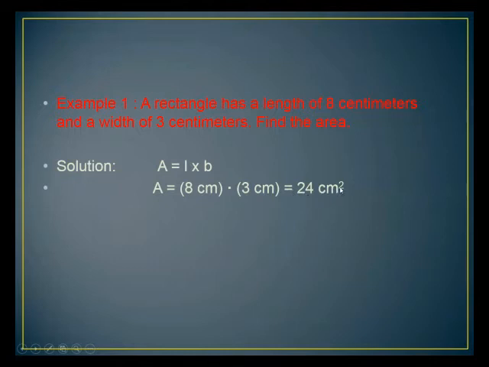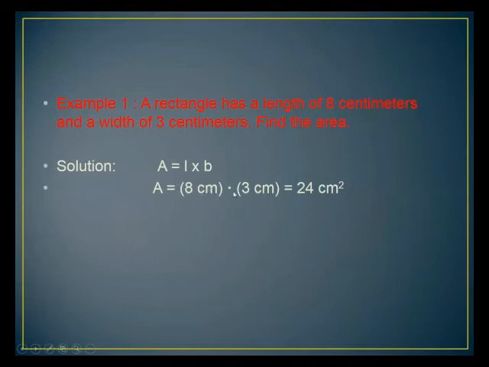Okay, how do we get centimeter square? As you can see, length and breadth are lengths, so we measure them in centimeters or meters. Here we are dealing with centimeters and we have to multiply them.